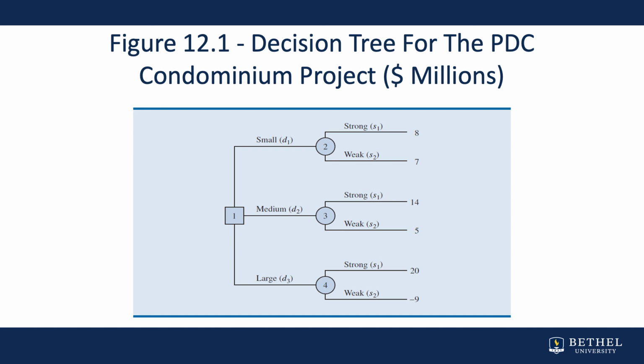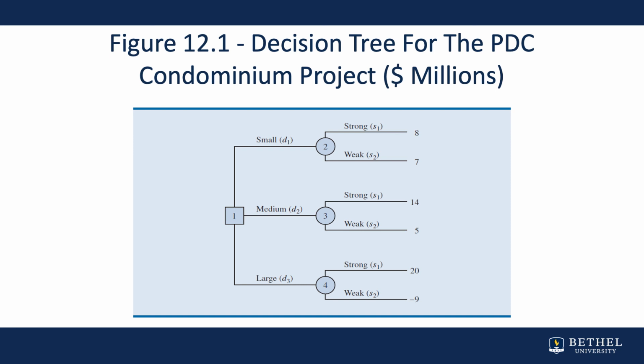And for each one of those decision alternatives, you see the states of nature, strong and weak, to the right. The numbers that you see represent the payoff that you would receive if you chose small as a decision and the state of nature is strong, for example, that would be equal to 8.